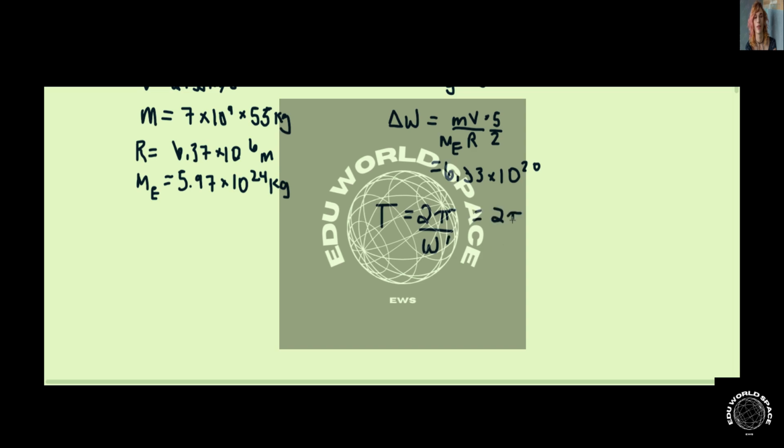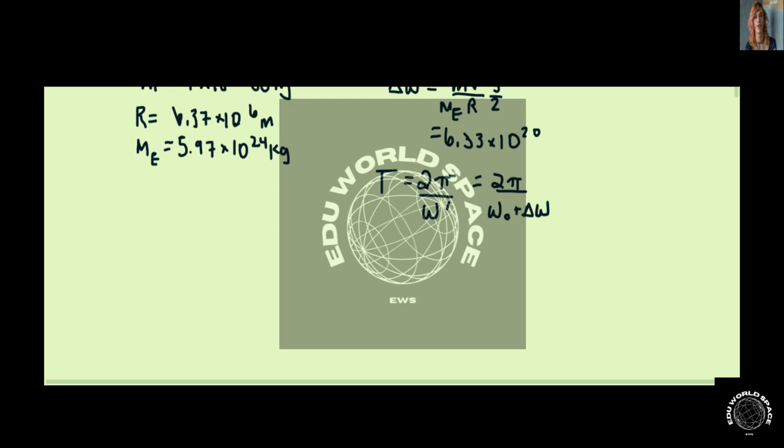So omega prime is going to be the initial omega plus delta omega. And yeah, I guess I didn't need to use this approximation. That was sort of what was going on in the back of my head. You know what? Forget it. I'm just going to plug it in instead of trying to use this approximation because I'm basically almost there.